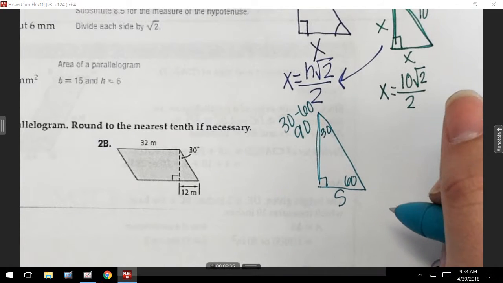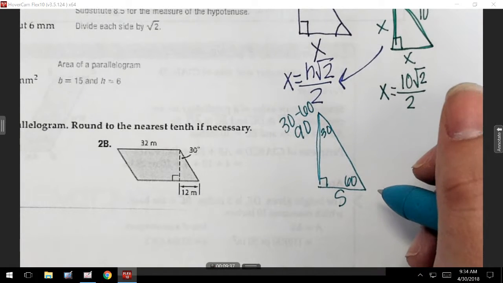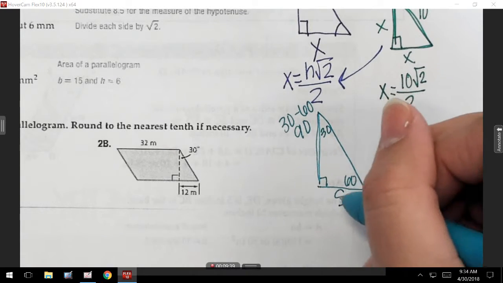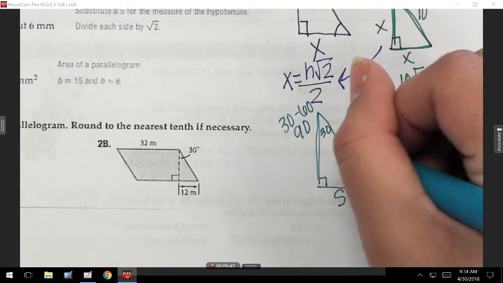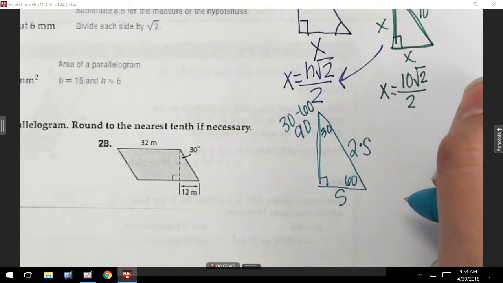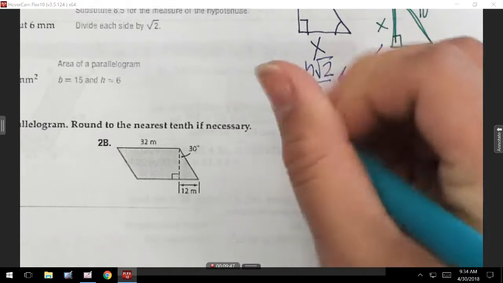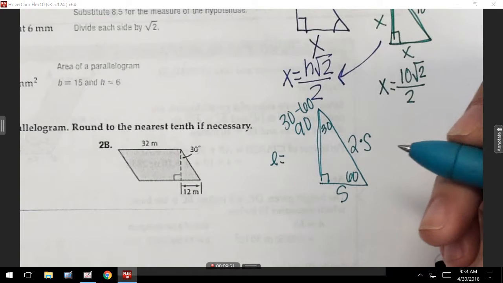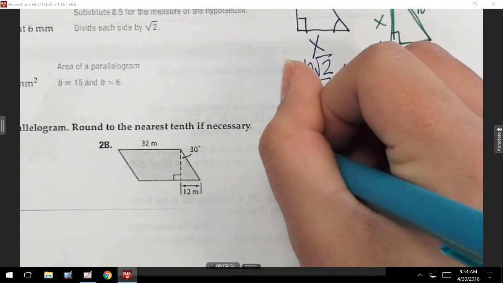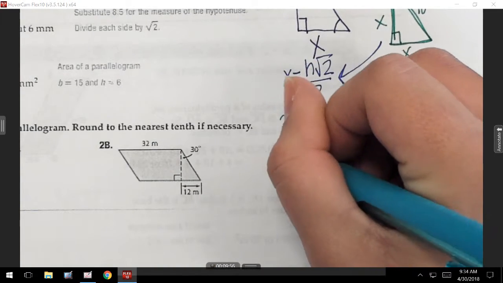Okay, we always want to get the small side first, right? That one's the easiest for us. So after we have the small, if we want the hypotenuse, we do S times 2 or 2 times S. Your small times 2. And then we called this other side, we called it leg because it was across from 60. And if you want to find your leg, you always take your small and multiply it by root 3.